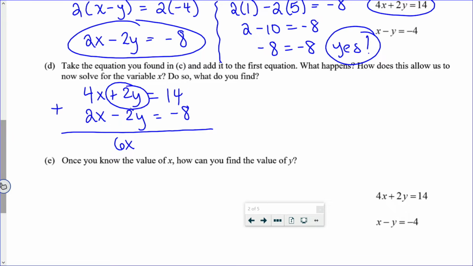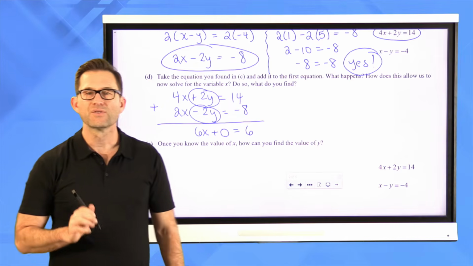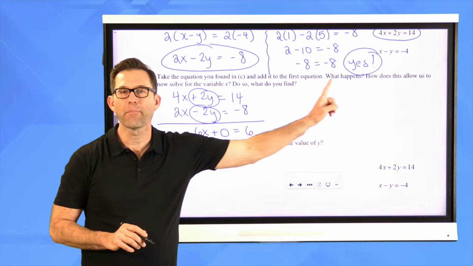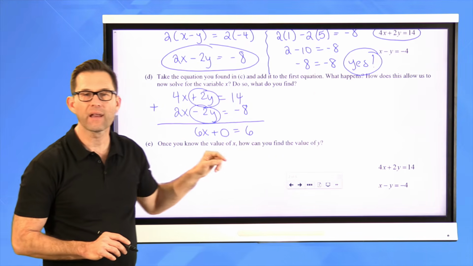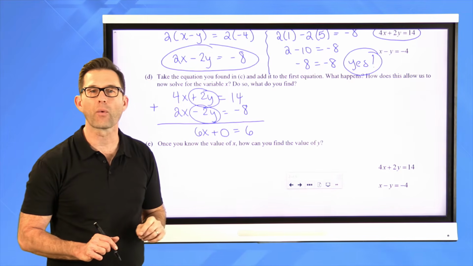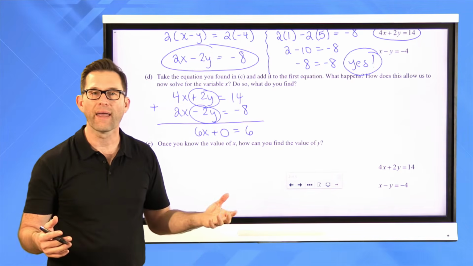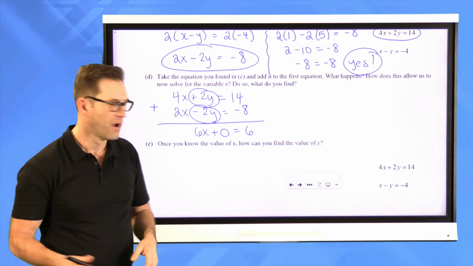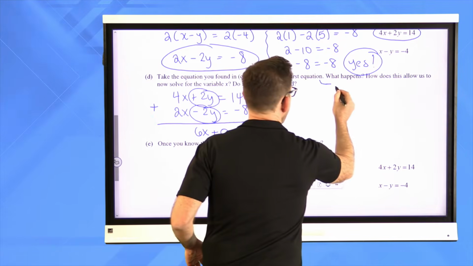Positive 2y and negative 2y, when they add together, is just 0. 14 plus -8 is positive 6. So, what happens? Well, when I added those two equations together, because 2y and negative 2y were opposites, the y was eliminated.